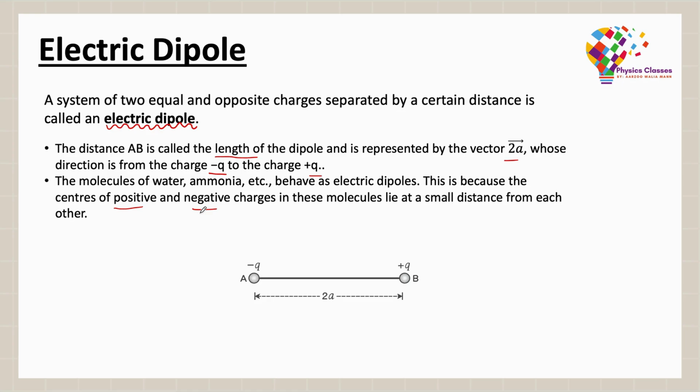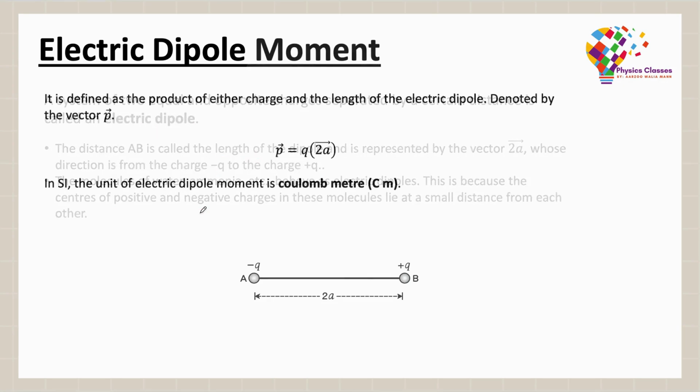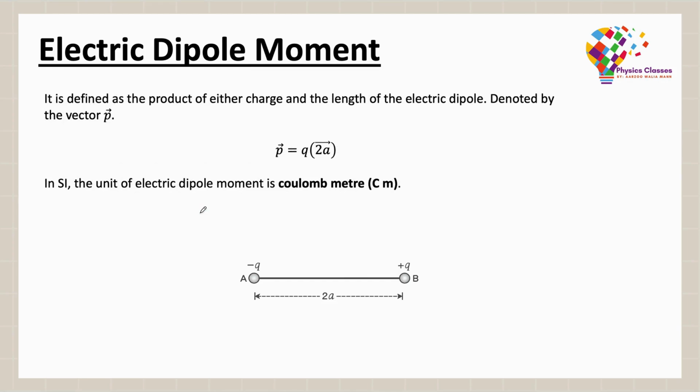Now, whenever we talk about an electric dipole, it's also very important to talk about the electric dipole moment. Electric dipole moment is represented by the letter P, and it's a vector quantity. It's defined as the product of charge times the length of the electric dipole.